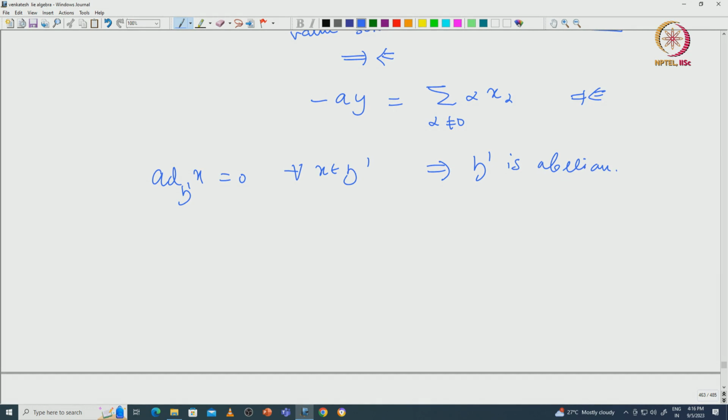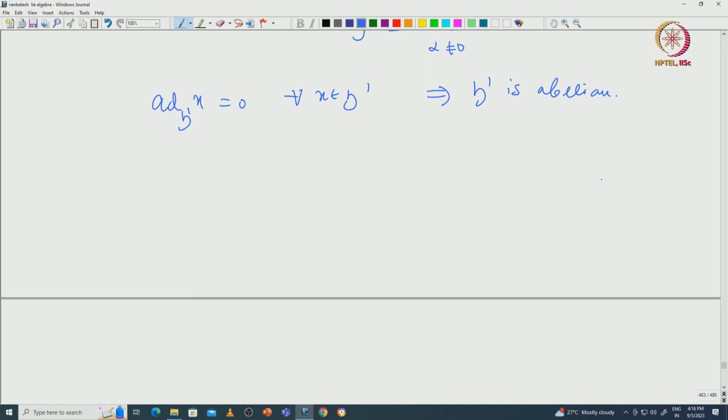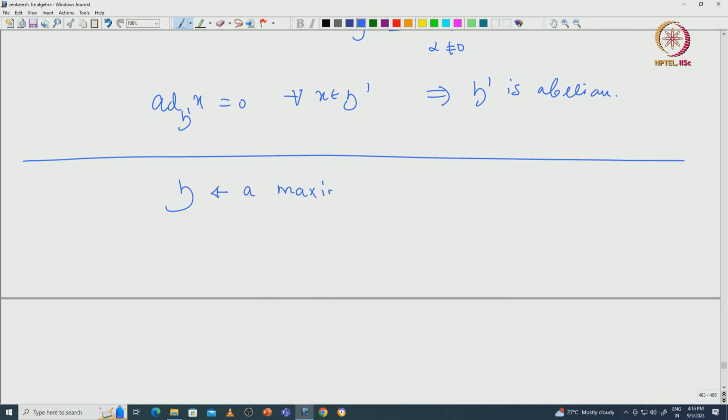Now we will go back to the maximal toral subalgebra that we have fixed. We will work with that. In particular, this maximal toral subalgebra H of G must also be abelian.